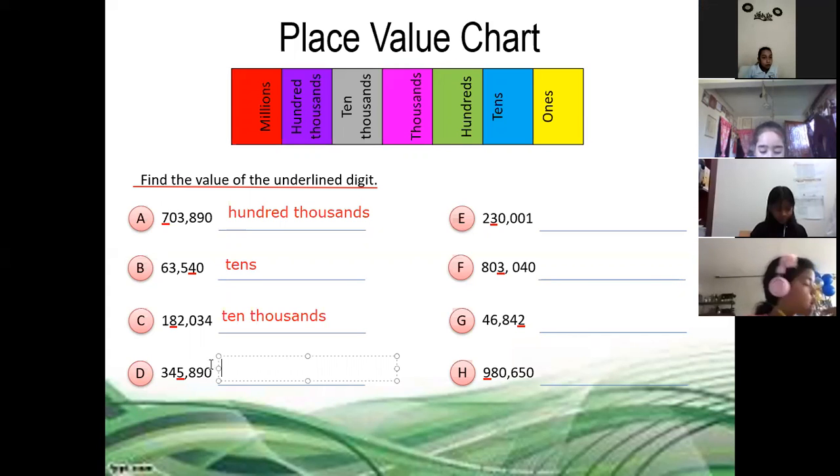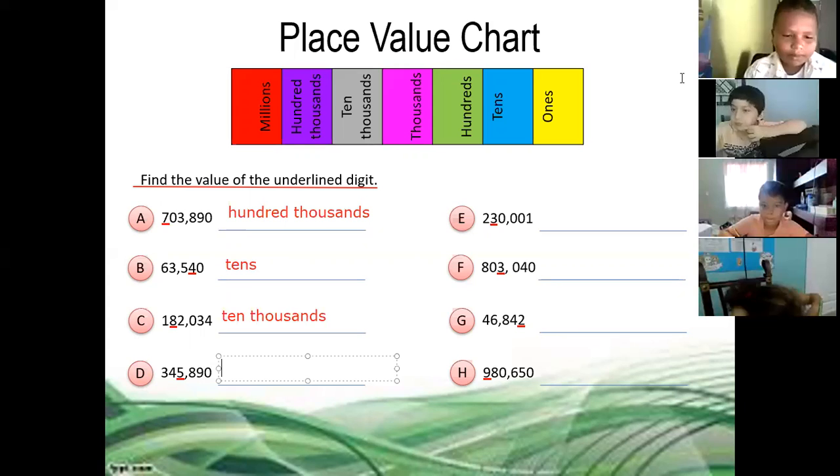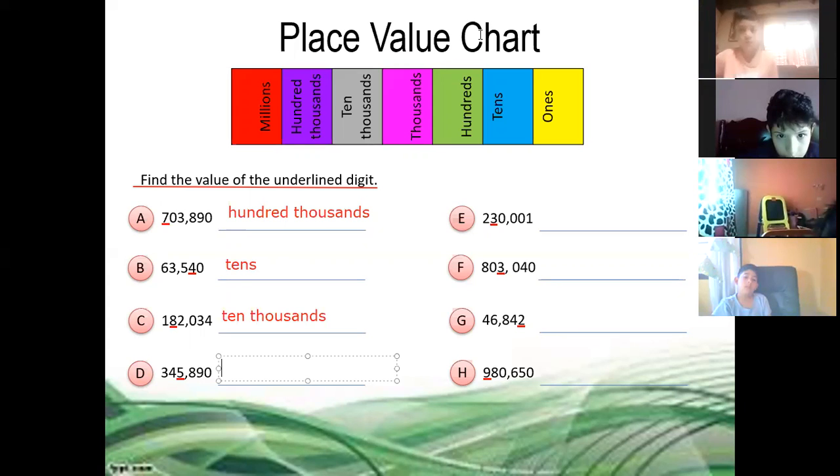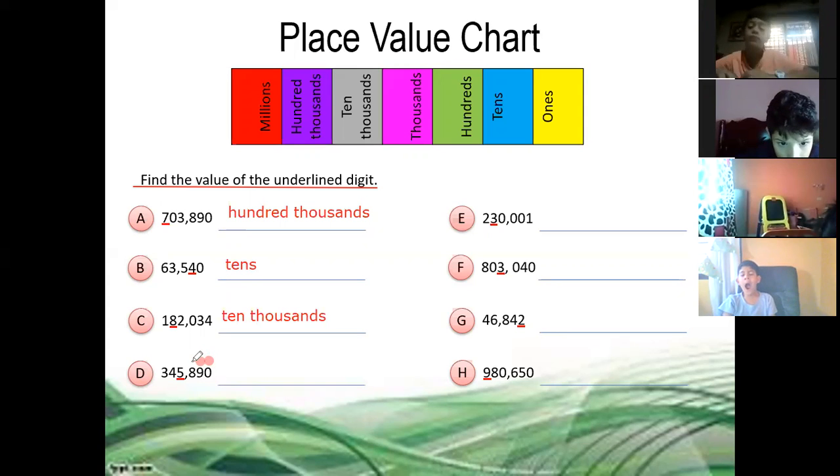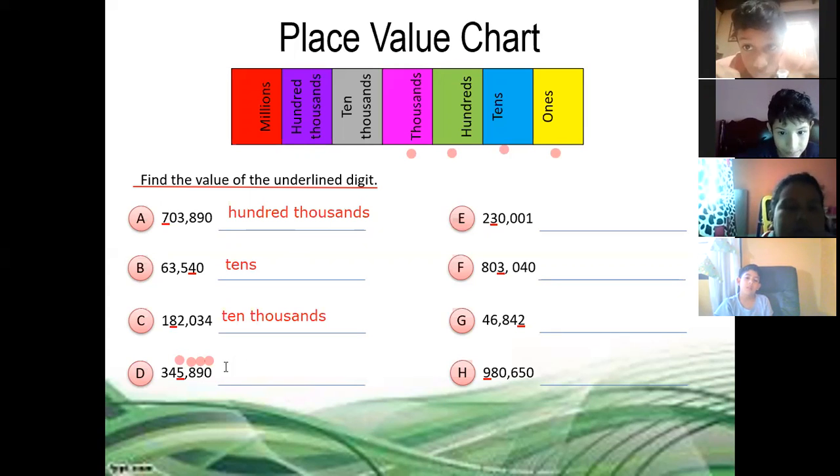The underlined digit is in the 1, 2, 3, 4 position. So you count 1, 2, 3, 4. What is the value? 1,000. Exactly, the value is 1,000.